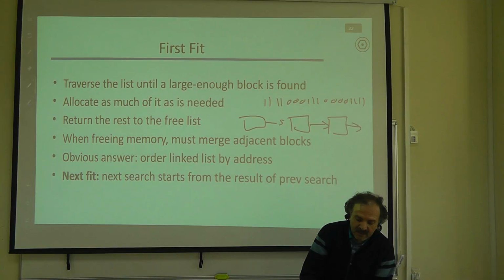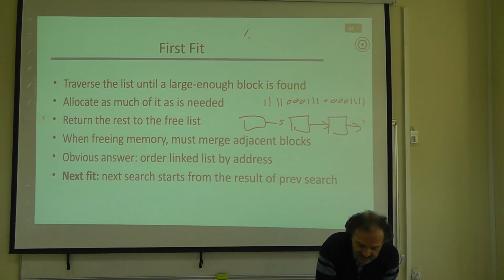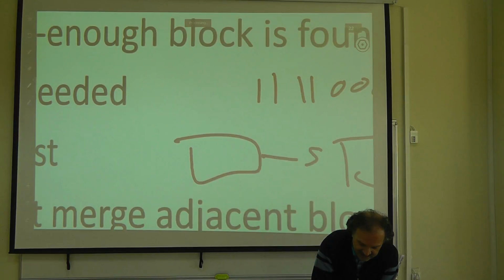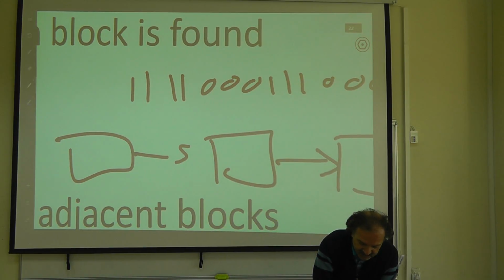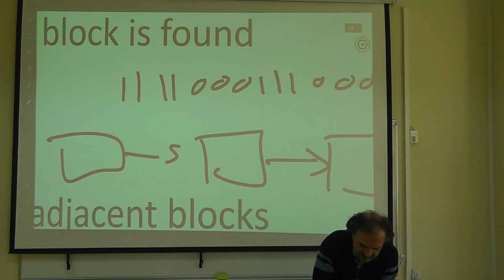I mean, if I need 4Ks, and this place has 12K, right? This has 4K plus 4K plus 4K. This has 12Ks of place.